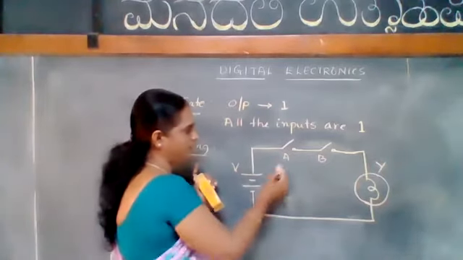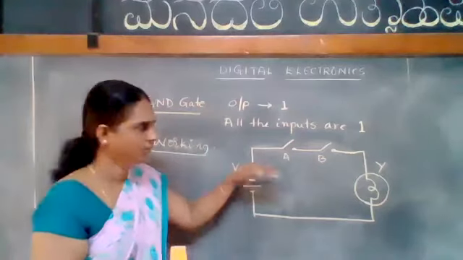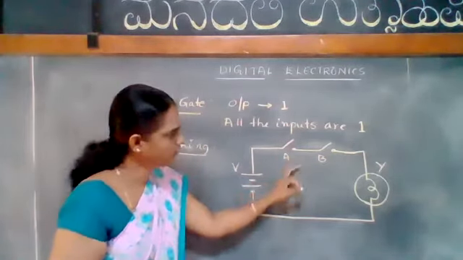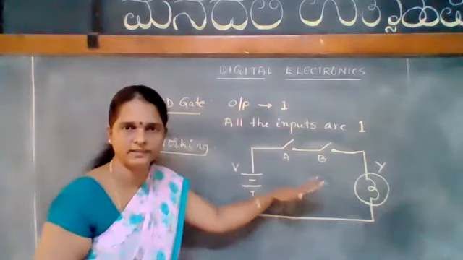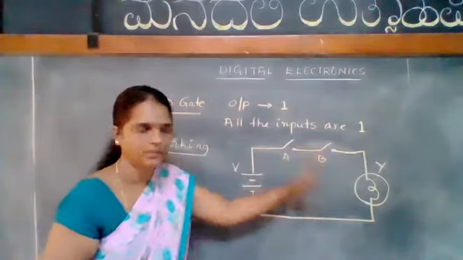Now, once again, the open positions of the switches are taken as 0, and closed positions are taken as 1. 0 means low, 1 means high.